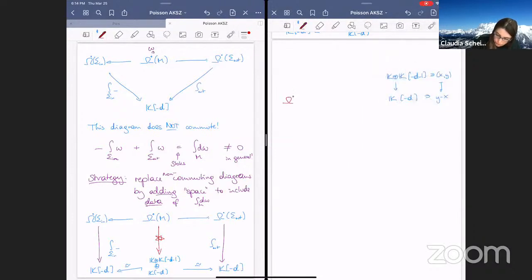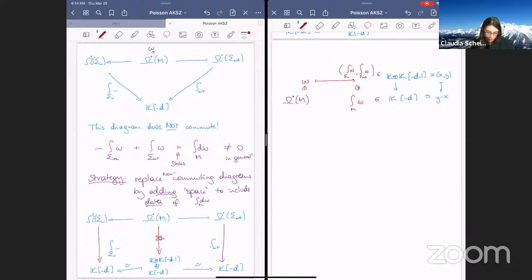What does my red map do? Well, it takes an omega in here and sends it to, here I integrate over the in part and I integrate over the out part. And I have a second component, which is integrating over the whole thing. Okay. So this gave me my map going to this bigger chain complex.